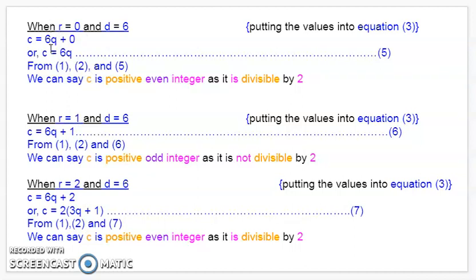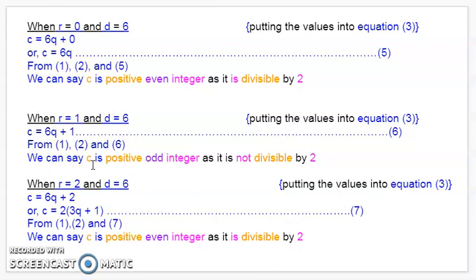So when r equals 1 and d equals 6, we are getting 6q plus 1. So keep in mind what form is required, so that we can exactly take that value of the remainder.